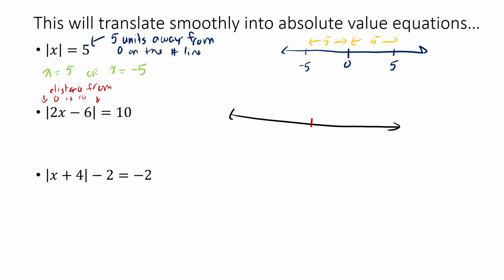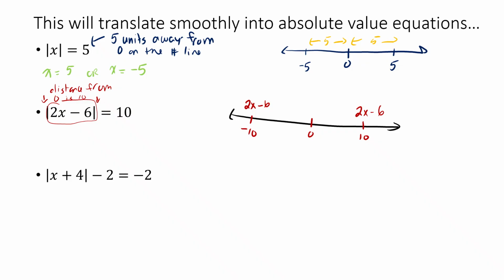And so coming over to our number line, we ask ourselves, okay, what's 10 units away from 0? Well, we have 10 on the right and -10 on the left. What has a distance from 0 of 10? Well, it's the thing in the absolute value. So it is 2x minus 6 and 2x minus 6.